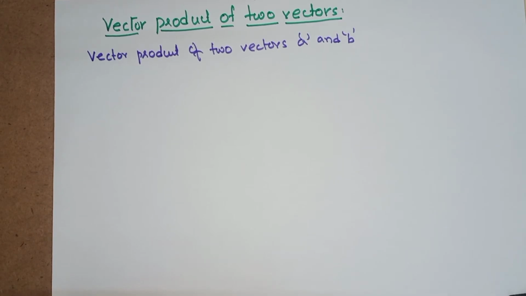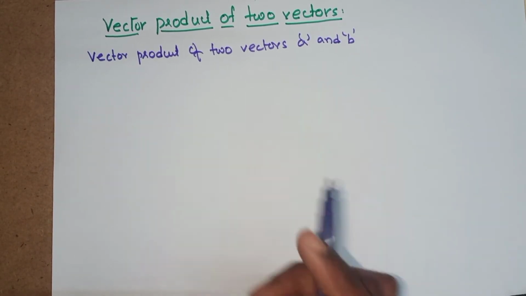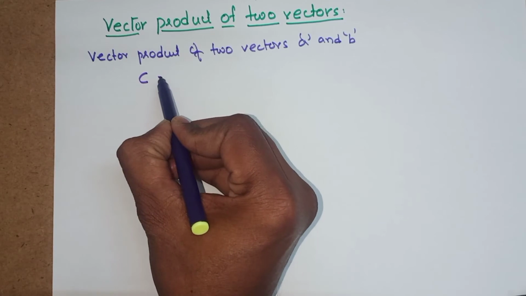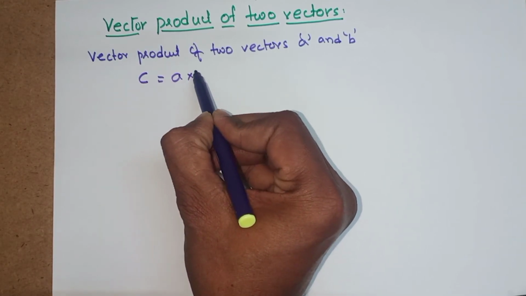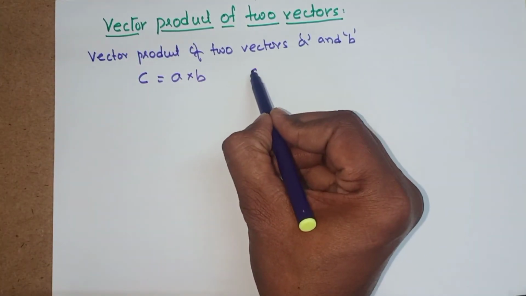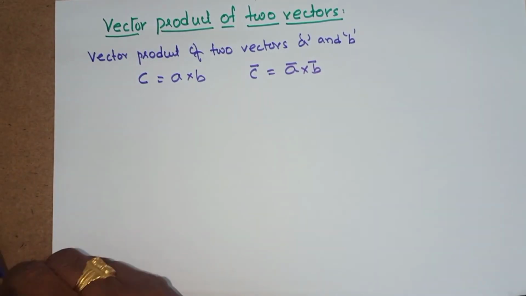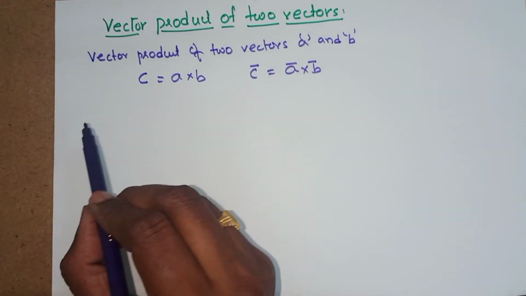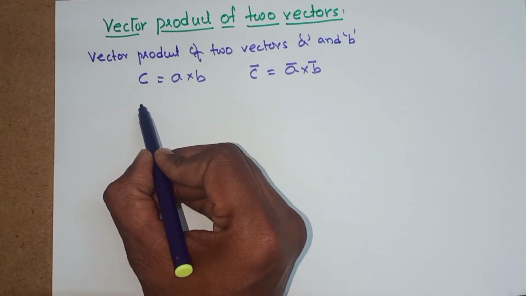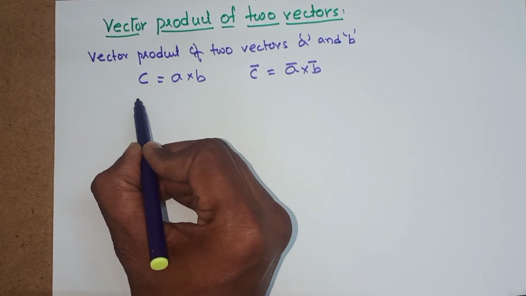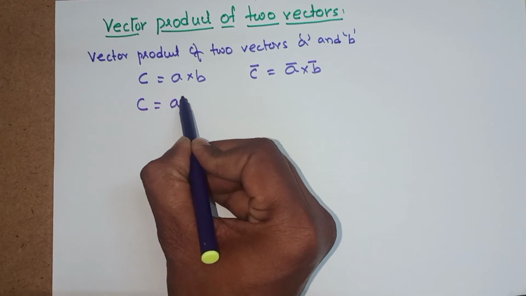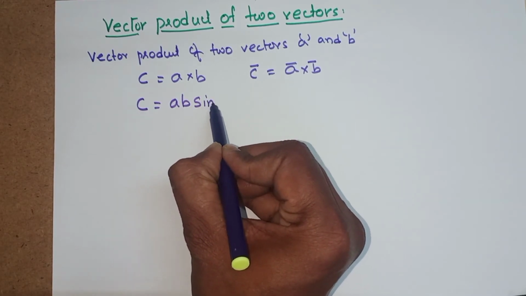The vector product of two vectors A and B can be written as C equals A cross B. Of course, C bar is equal to A bar cross B bar. The magnitude can be written as C equals AB sine theta.